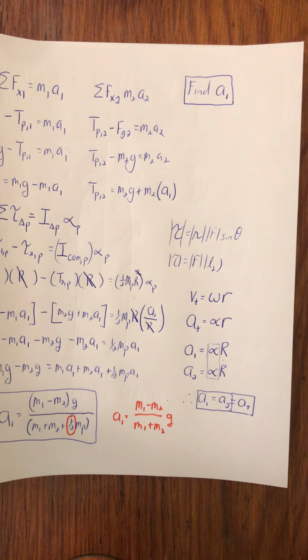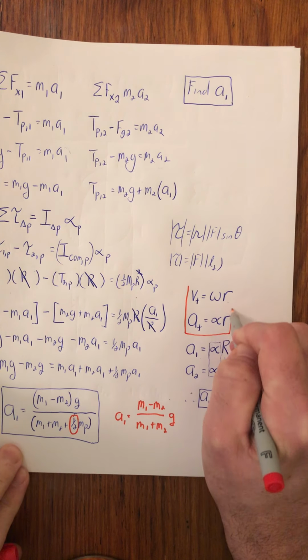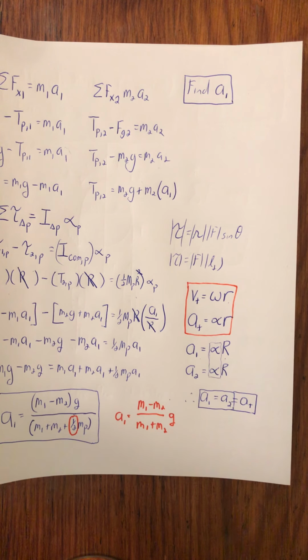Next, we have to remember our links between translational and rotational motion that allow us to put together the links in our system of equations. And finally, being really careful about our distributions and our algebra because this is a longer algebraic process.